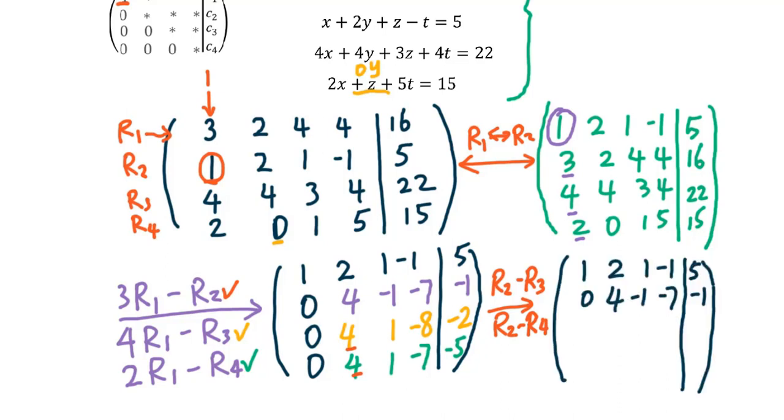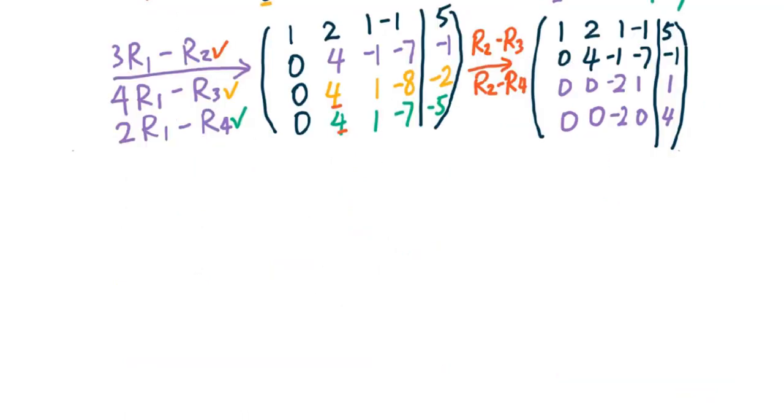So row 2 minus row 3, you will get here 0, 0, negative 2, 1, 1. This is a 0, 0, negative 2, here is 0. This is a 4.